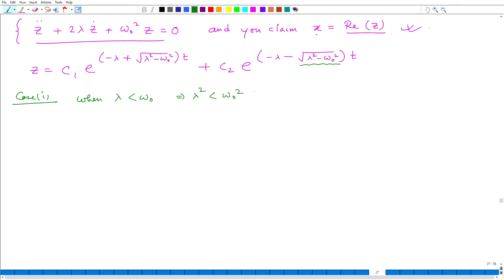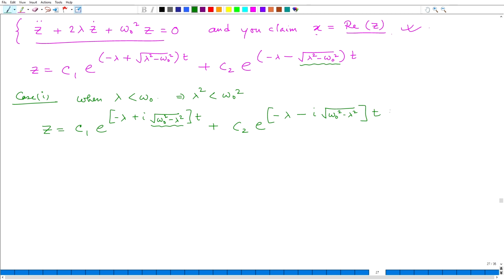If you have this, then the best way to write z is c1 e to the minus lambda plus I root over omega 0 square minus lambda square t. This part is of course real according to our condition. Plus c2 e to the power minus lambda minus I root over omega 0 square minus lambda square t.